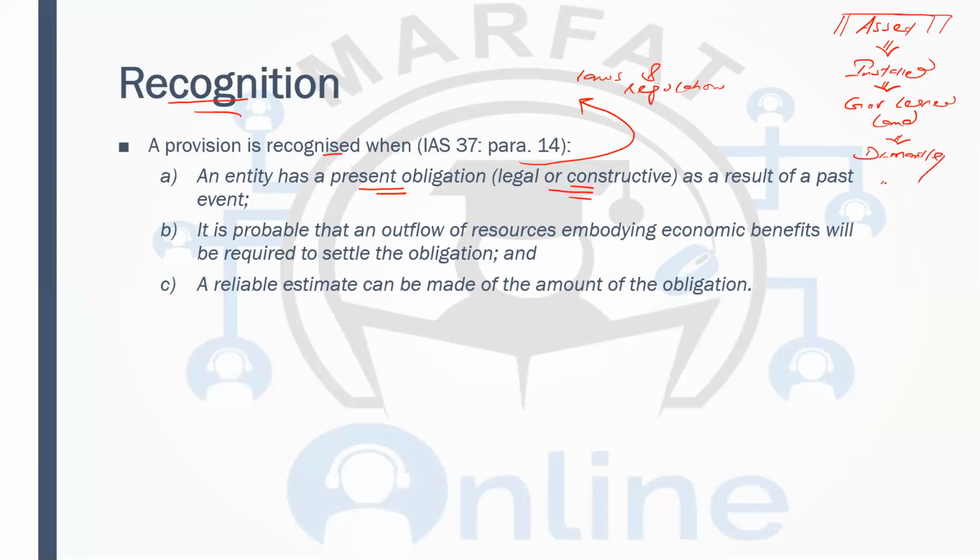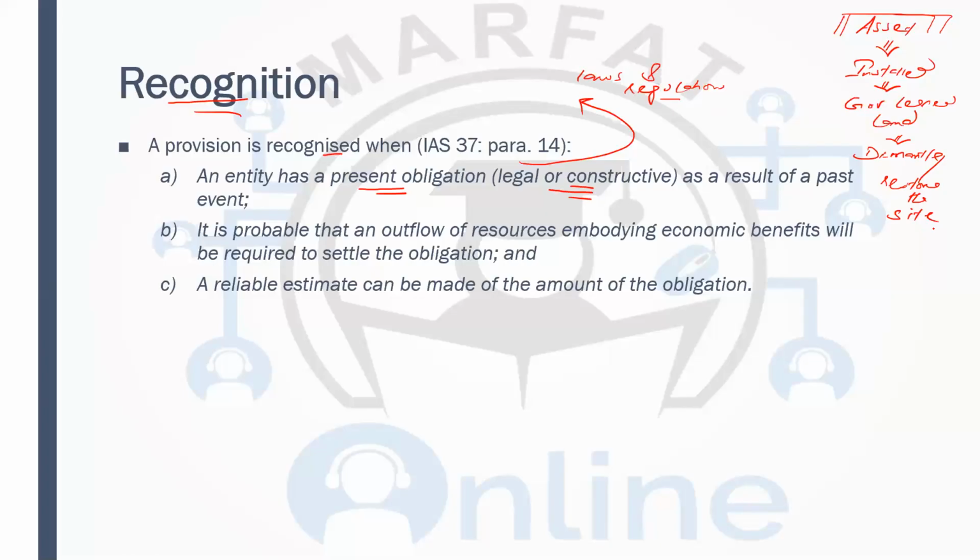You have to restore the site when your project ends. Now that means that this is actually a legal obligation because the government is making the laws, and the government is saying something that is actually law in the regulation. So they are saying because you have installed your machinery, you have done some amendments on the land, you have done something on the land, now you have to fix it, restore it to the original position. So this is going to be a legal obligation.